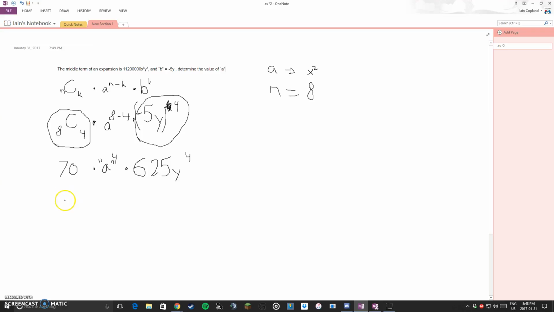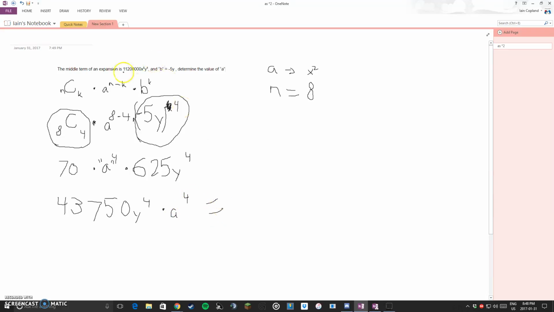So then if we combine these terms together, we get 43,750 y to the 4 times a to the 4.